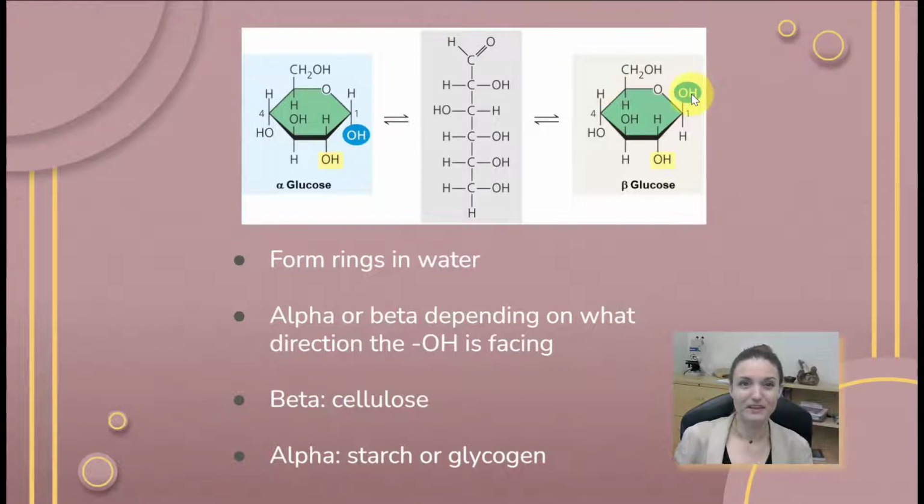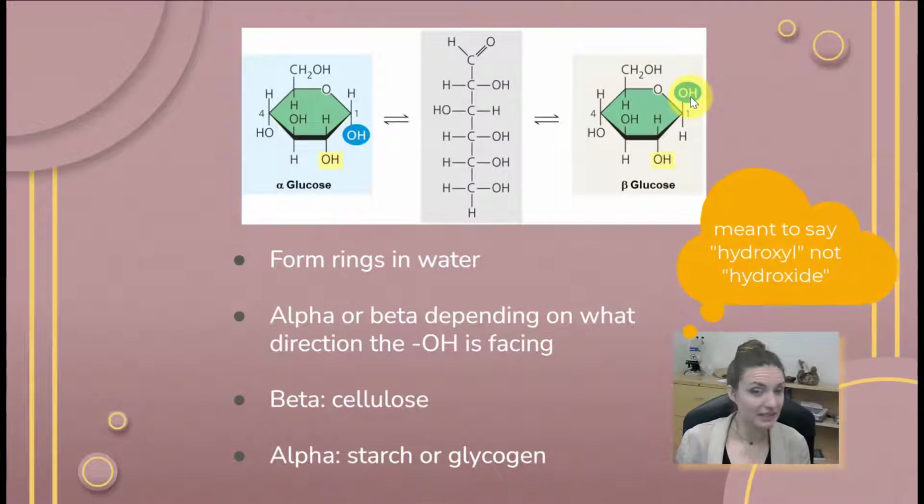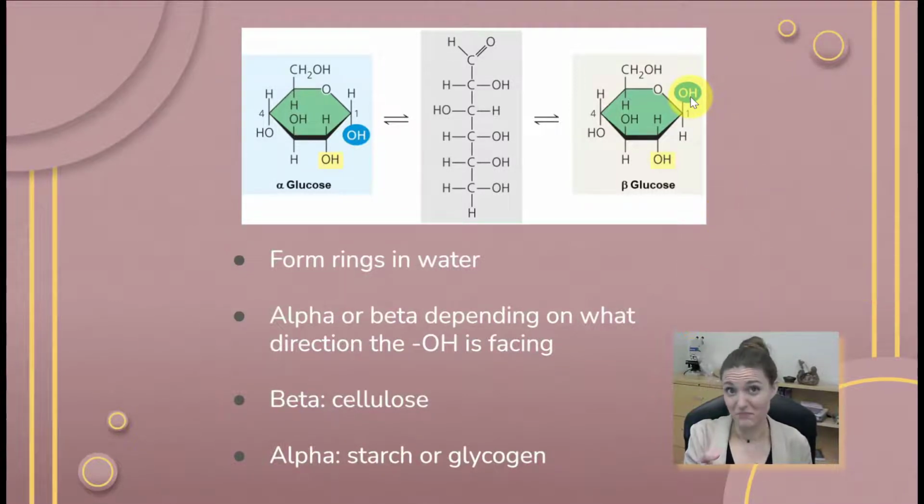So depending on which way it folds up, we can have either alpha or beta glucose. And this is important because even that slight difference in where this hydroxyl group is pointing means the enzymes in our cells might not be able to interact with that molecule.